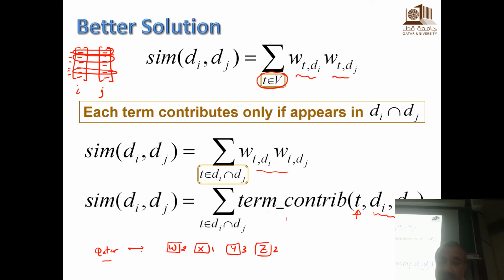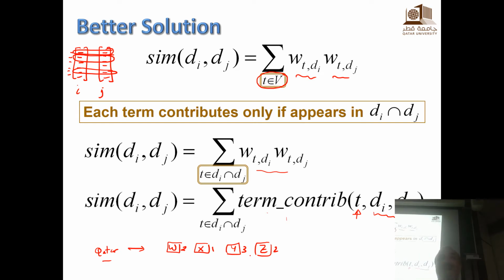This is the posting list for Qatar. So we know that the weight of Qatar in W is 2, the weight of Qatar in X is 1, and so on. So these are the weights from the vectors. The same information is encoded here.